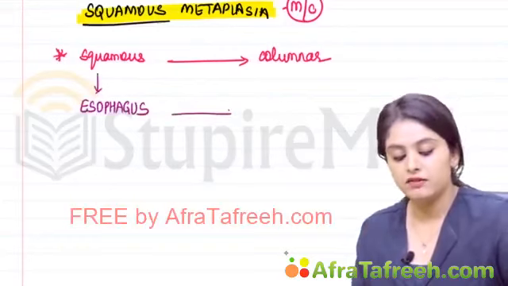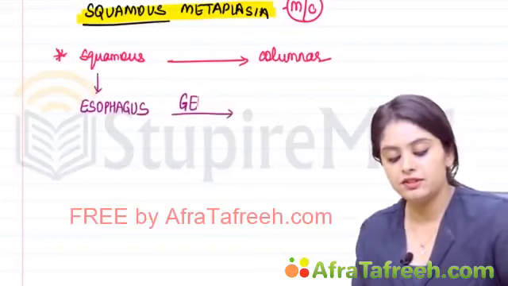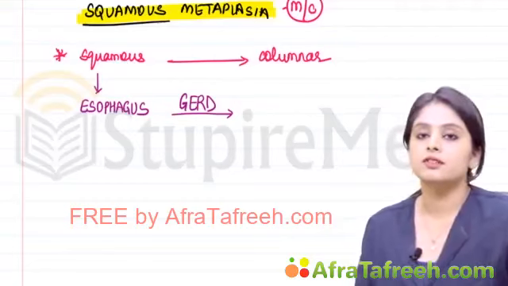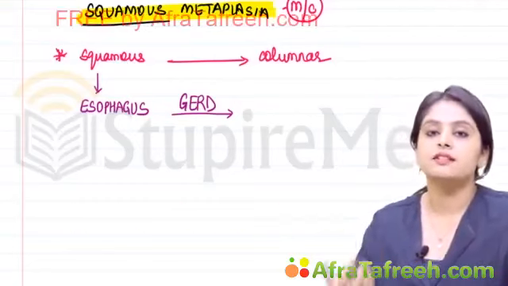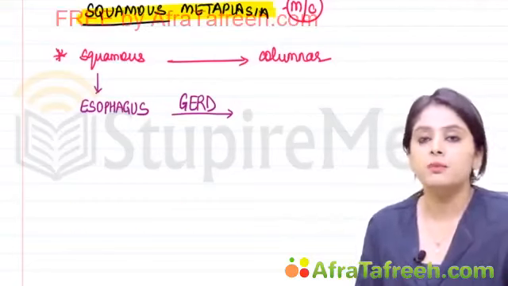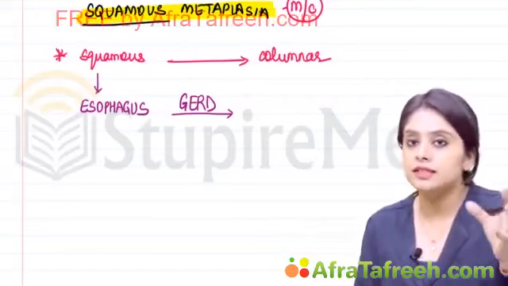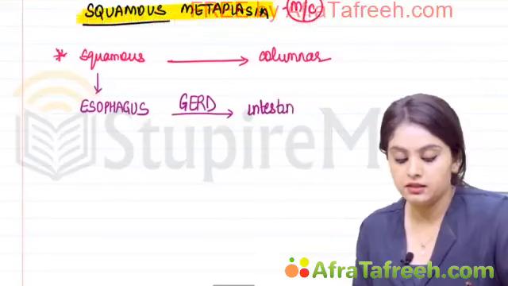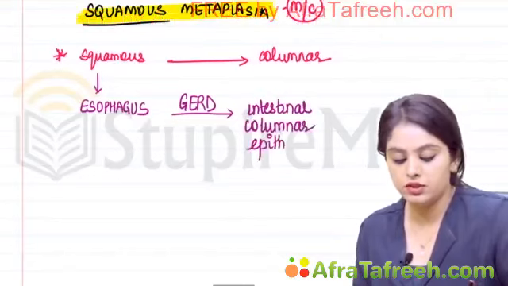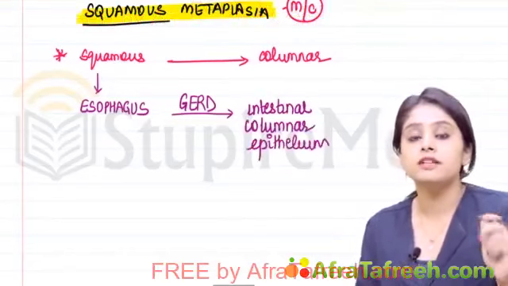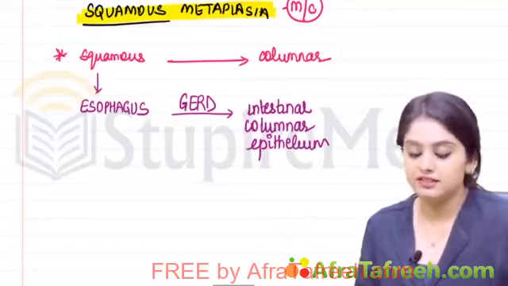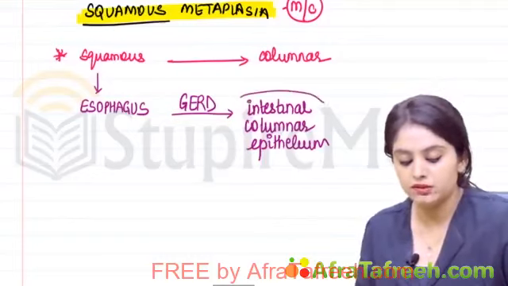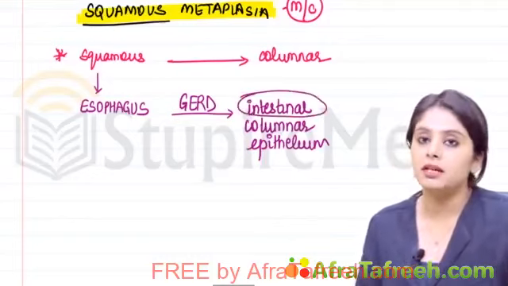In a person with gastroesophageal reflux disease, GERD, when the acid reflux happens, the squamous epithelium of the esophagus is converted into intestinal columnar epithelium. So please note, it is not just columnar. Which type of columnar? Intestinal columnar. This word is the most important in this particular pathway.